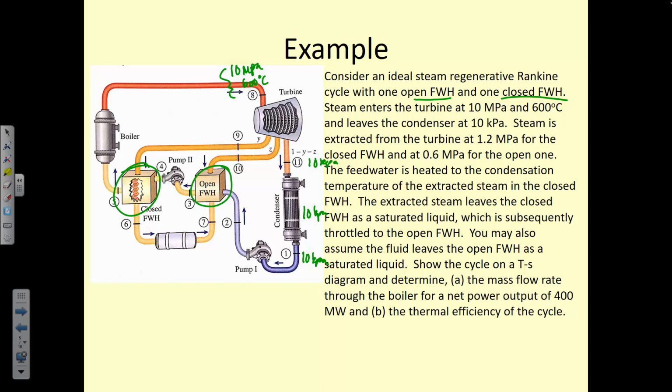So which state is that? 9, right? This is the closed feed water heater, so it comes out at 1.2 megapascals. And at 0.6 megapascals for the open feed water heater. So state 10 is at 0.6 megapascals.